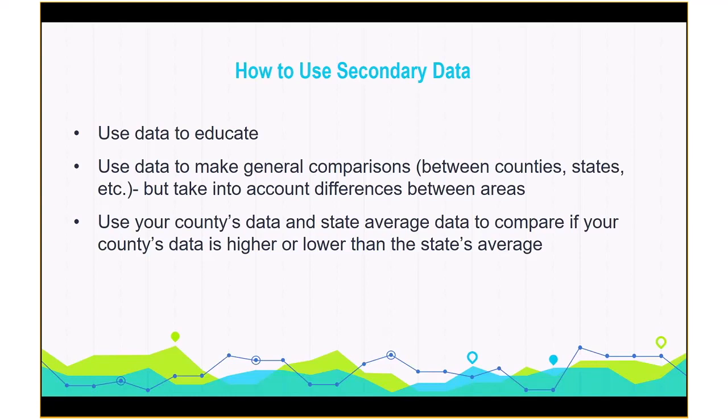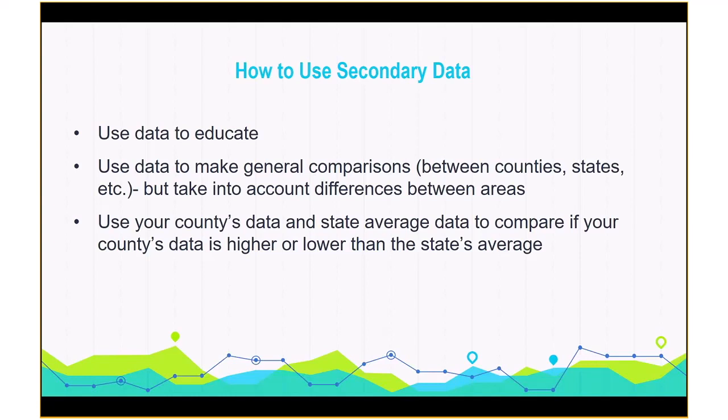How do you use secondary data? Data can be used to educate others, including in presentations, brochures, or in other ways for individuals that may not be versed on the issue.